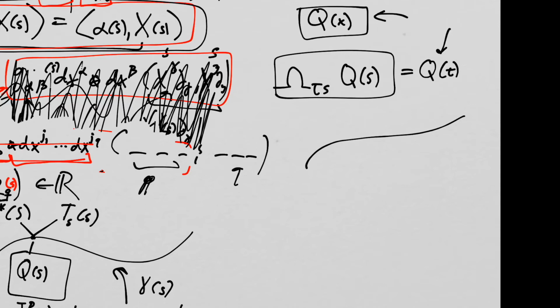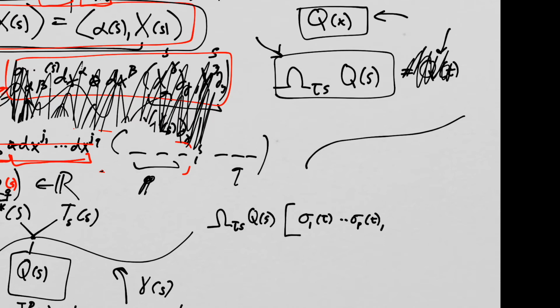So, we could abandon this and just say that this is the autoparallel version of Q of S at T. And that would be our symbol. And that's probably the safer way to go. But the key is this. The autoparallel, or the parallel of Q of S, that's going to be a tensor at T. And it's going to operate on a bunch of objects at T. So it's going to operate on psi 1 at T, on sigma P at T, and then, I guess, what was I using, Z?